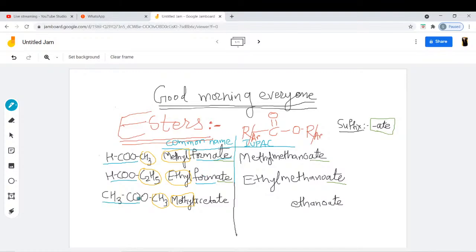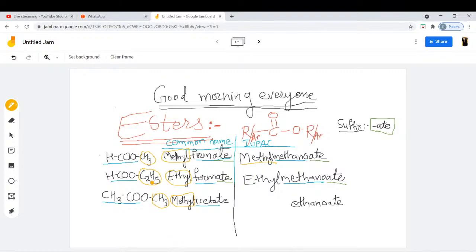Two carbon acid, so acetate, because we call it acetic acid. One carbon containing acid is methanoic acid, so methanoate. If methyl group is attached, it will be methyl methanoate.